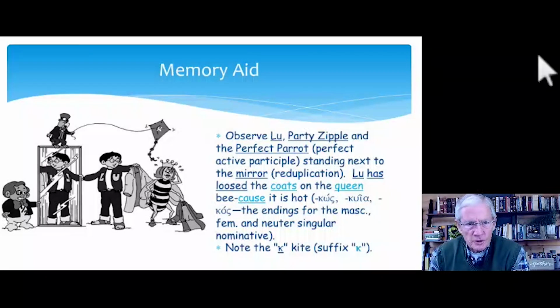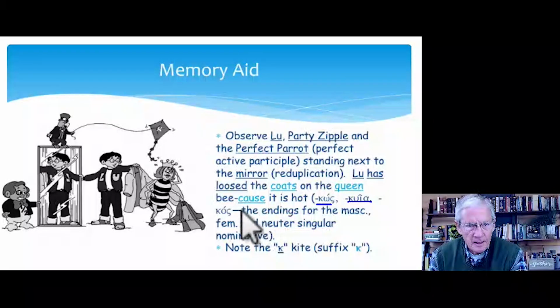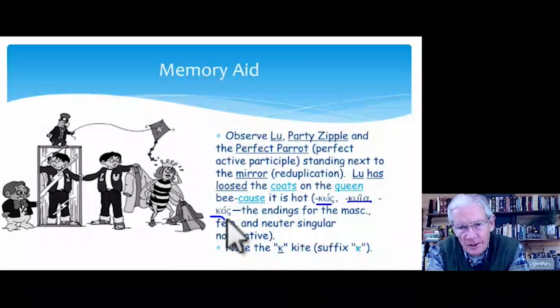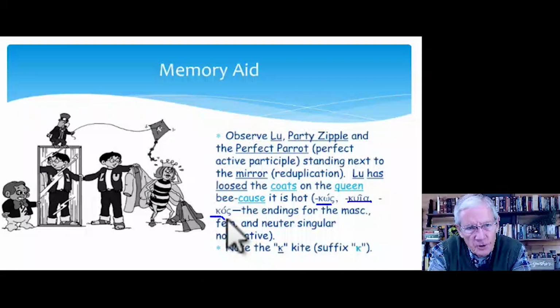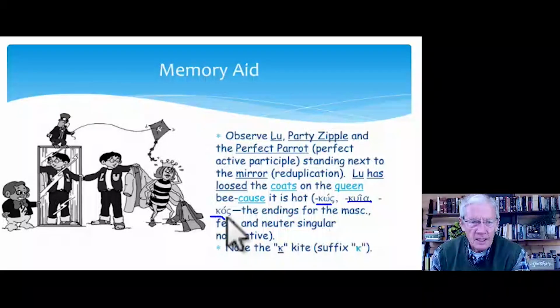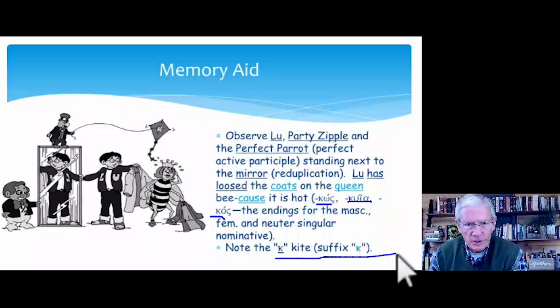Now, the words coats, queen, and cause remind us of the endings: kos, that's for the coats; quia is like the word queen; and kas is like our abbreviation 'cause. So Lou has loosed the coats on the queen bee because it's hot. So kos, quia, kas. And we also notice the kappa kite suffix above.